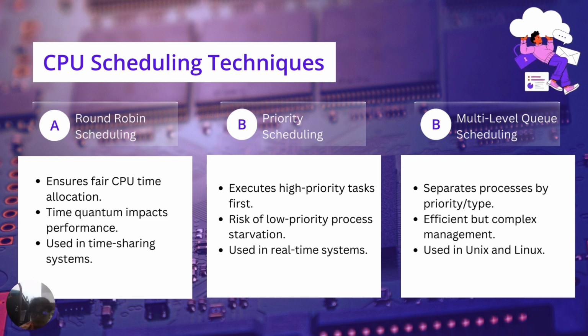For example, an operating system might use multi-level queue scheduling to handle foreground interactive processes with high priority and background batch processes with lower priority. This ensures that interactive applications remain responsive while efficiently processing background tasks.